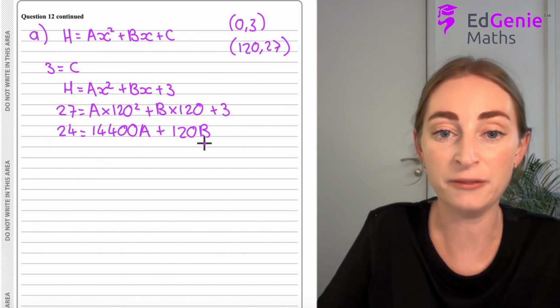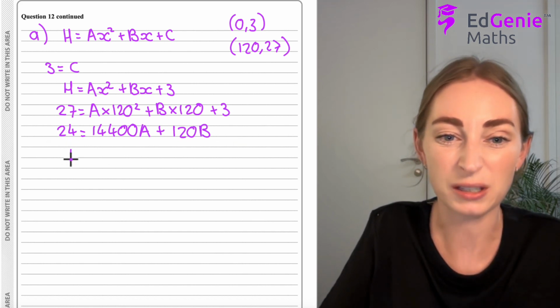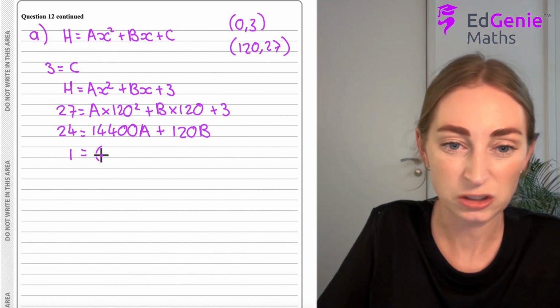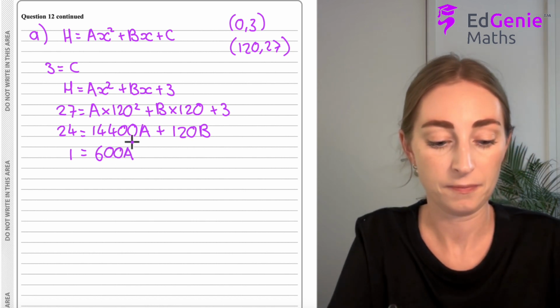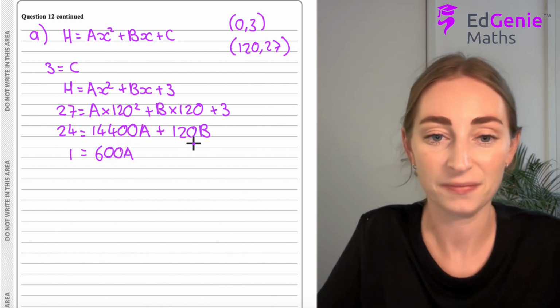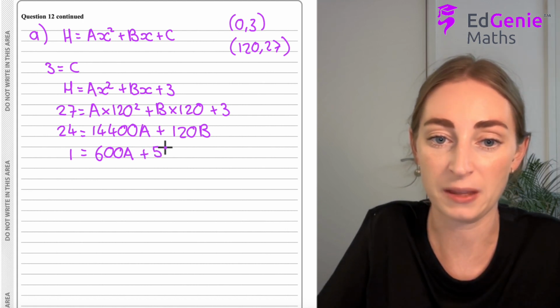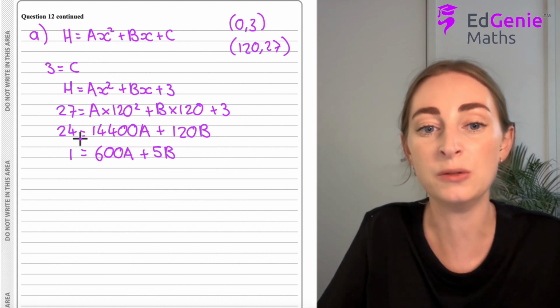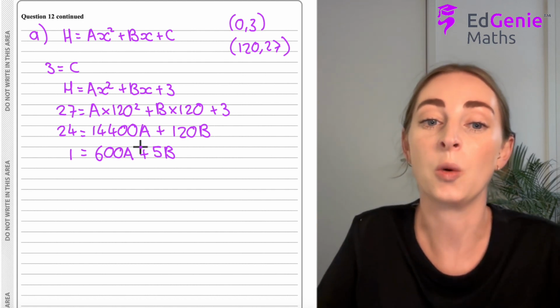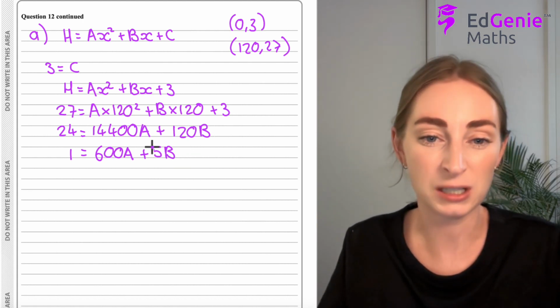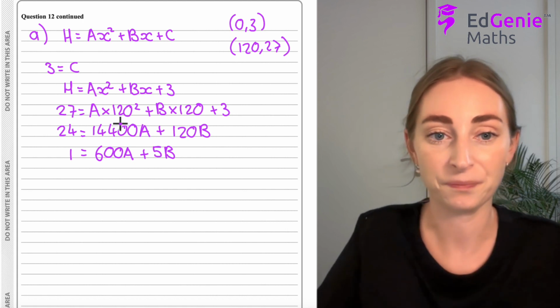So I can divide everything by 24. We don't have to do this, but it just means that the numbers are going to be a bit smaller. Plus 5b. Okay, so I've just divided all of these terms by 24, which we're allowed to do because it's an equation. If it was just an expression, then we couldn't do that.